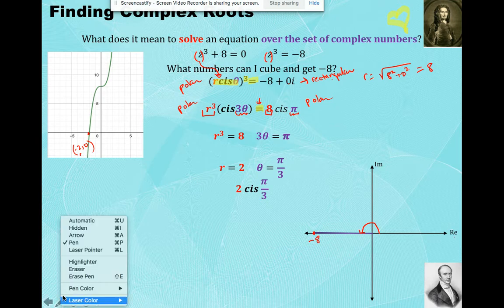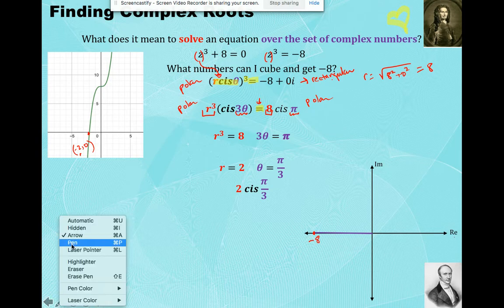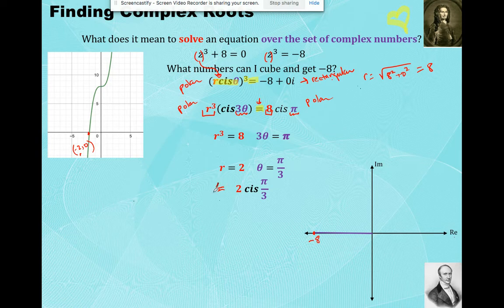2 cis theta. Can you now take me back into rectangular? How do I go back to rectangular from here? Right, going back and forth. That's 2 cosine pi over 3 plus i sine pi over 3. Thank you, Speed Trig. Pi over 3 is in the first quadrant.